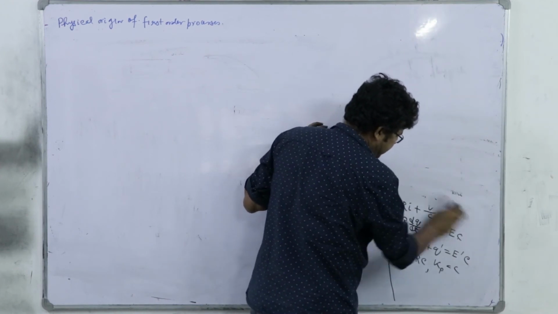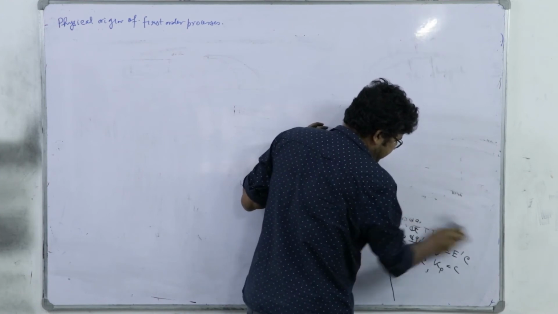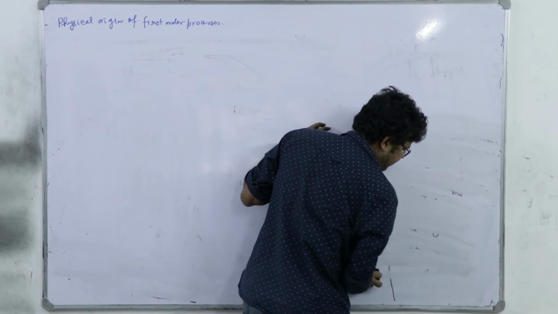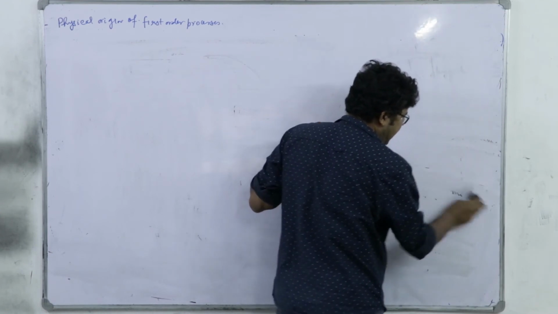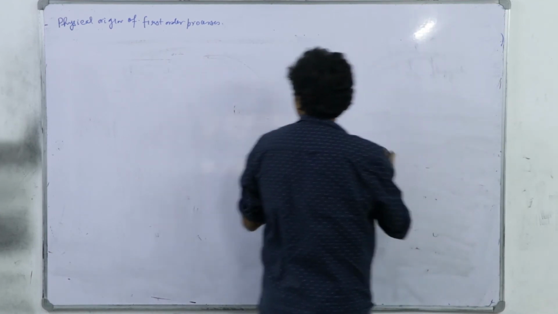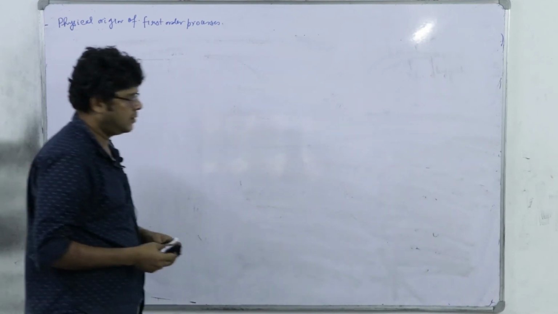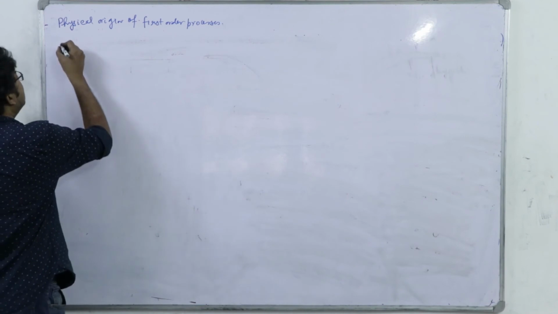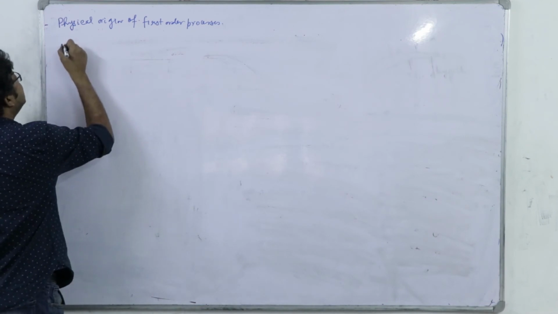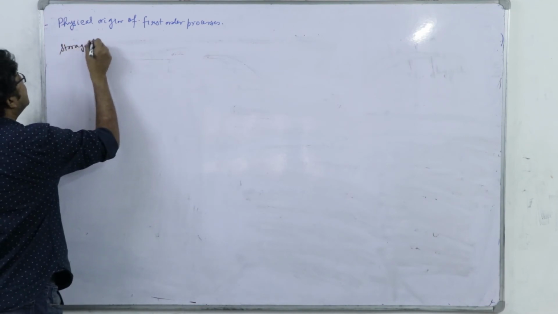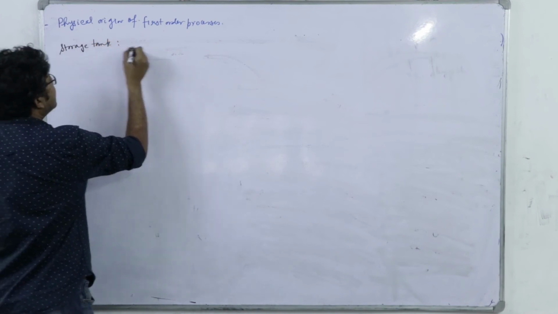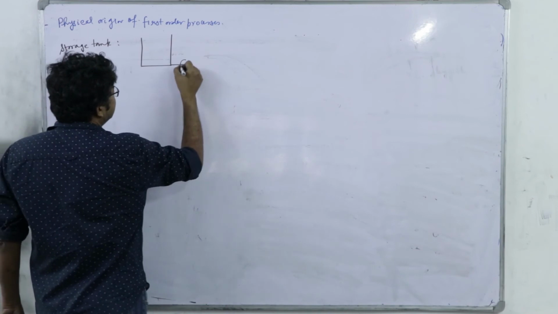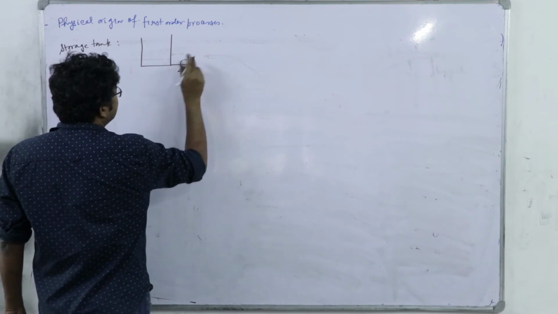So it's fine. Now the point is, this valve actually resists the flow. So, first is the storage tank. This was the system.